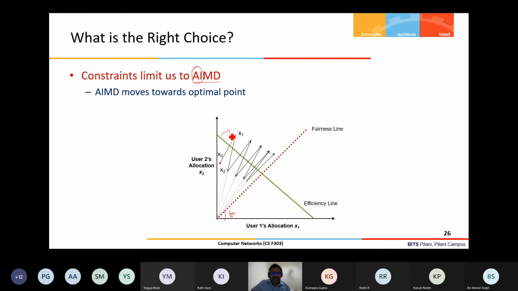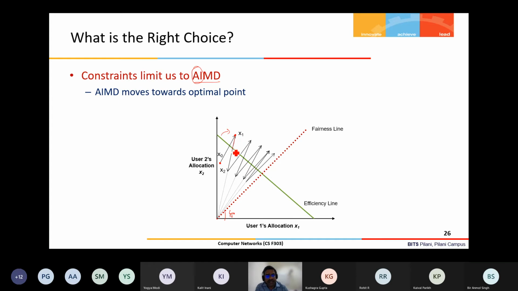Now this is more than the efficiency line, so definitely both connections will observe packet losses. They will detect the packet losses, and in the next round both will reduce their rate. And if both are using TCP, then certainly they will reduce with some factor 0.5, and the decrease is multiplicative.